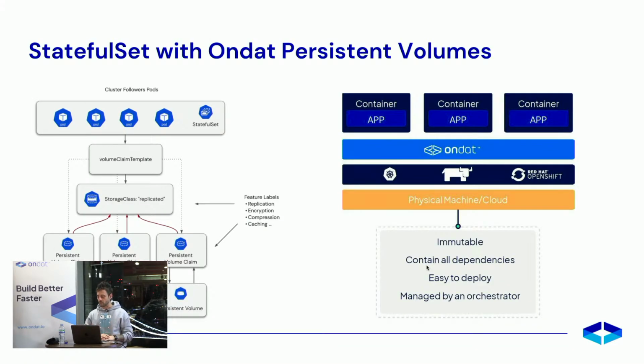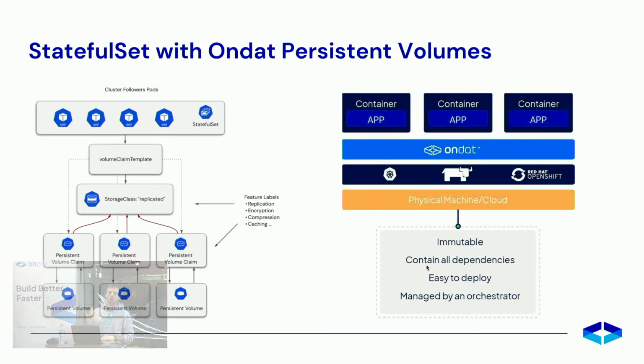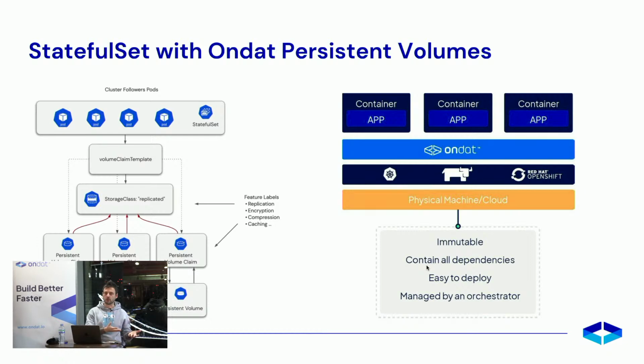Effectively, you can think of Ondat as a hyper-converged vSAN type of environment for Kubernetes. We provide a layer where you can add extra features for your persistent volumes. Typically, when you use a stateful set, it needs to write data to disk, and this data needs to be persistent, right?